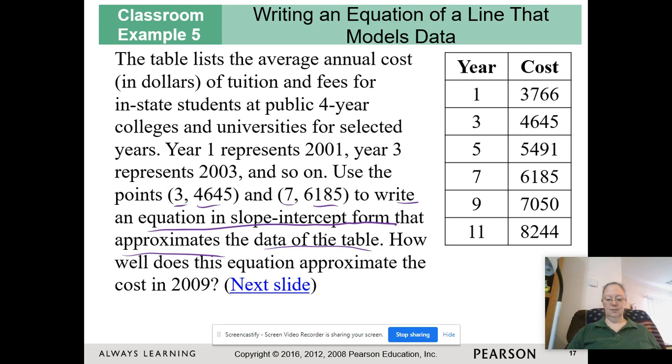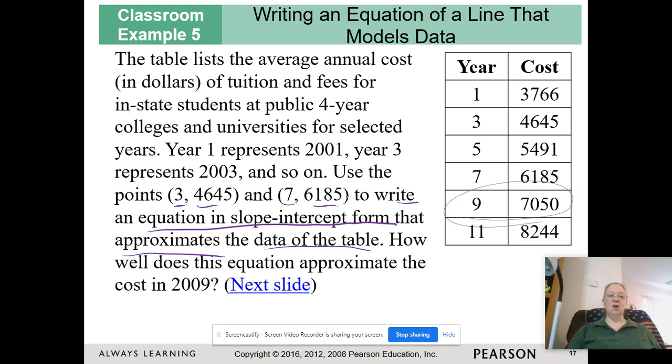How well does this equation approximate the costs in 2009? They're asking 2 different questions. First thing you want to do is write the equation. The second thing they want you to do is use the equation to compare how it actually was.